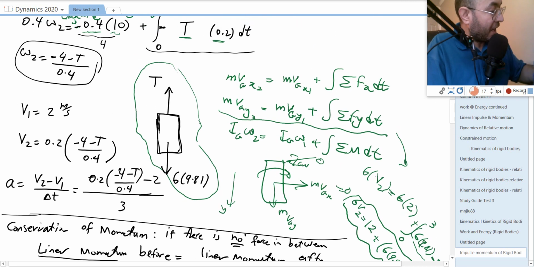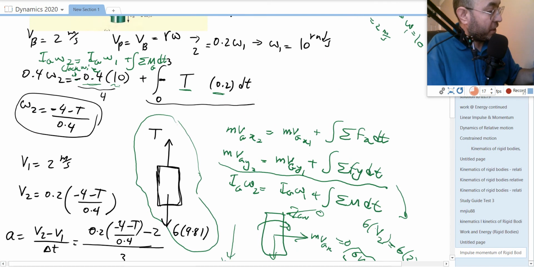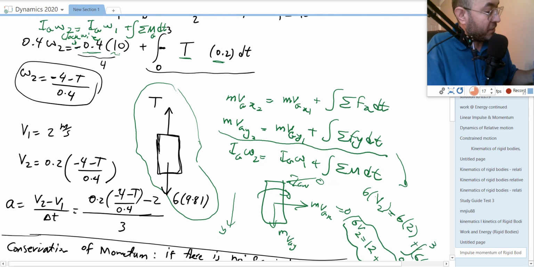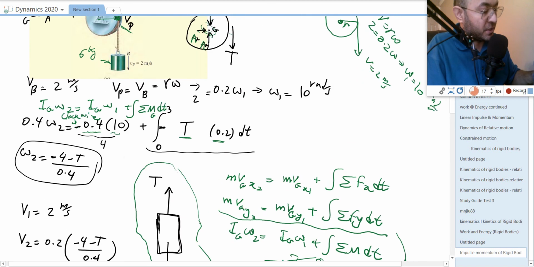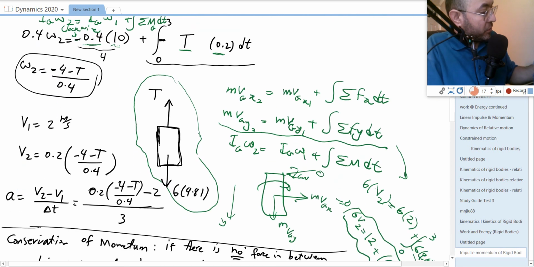And the other equation we have was here. Again, the smarter way here was we just simply, instead of omega 2, replace that with V2. And we already know that relationship. We already know that V2 is equal to R omega 2.